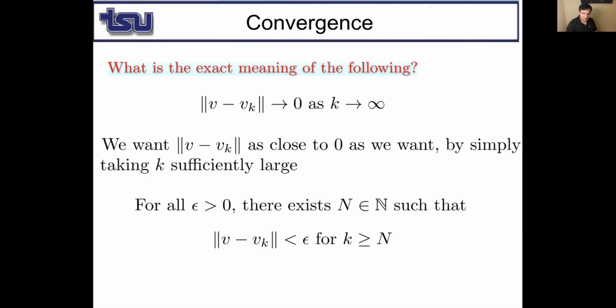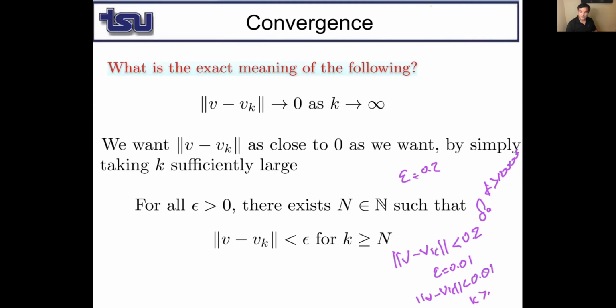For example, if epsilon is 0.2, then the norm of v minus v_k will be less than 0.2 for, let's say, k bigger than 1,000,000. But if epsilon is 0.01, then maybe it will be less than 0.01 for k bigger than or equal to 1,000,000,000. No matter how small the epsilon, you can always find a number capital N such that for all indices bigger than N, the difference will be less than that epsilon.